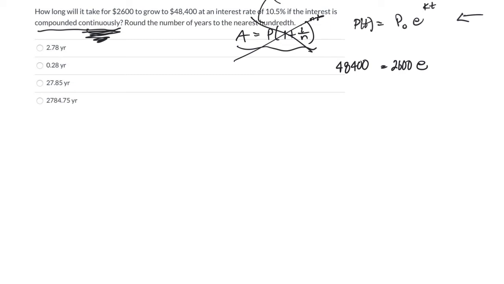Oh, there's my interest rate right there, 10.5. So that'd be 0.105 times t, which I don't know. Okay, same as every other question. You'll divide both sides by 2,600.